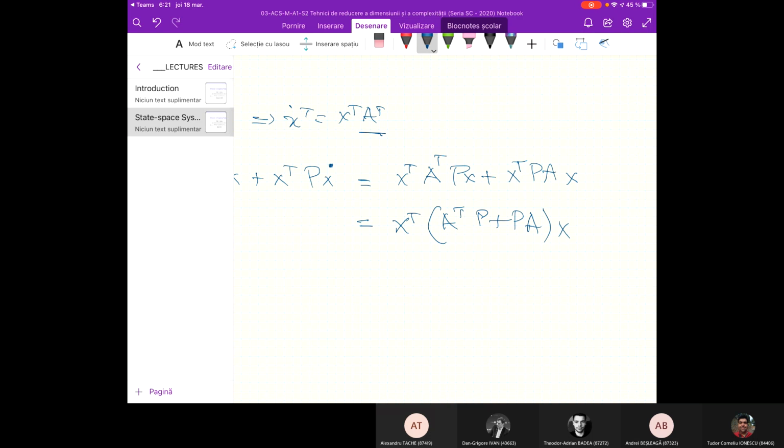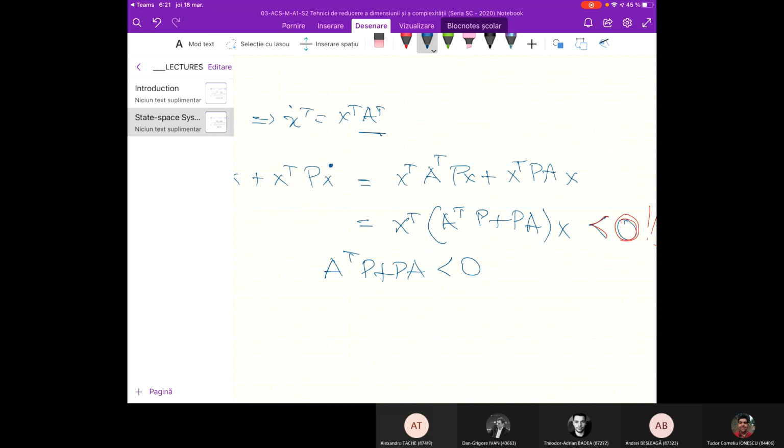Now, you want this to be negative definite, okay? This is what you want. This is your desire. So you need A transpose P plus PA to be a negative definite matrix. Agree? But this is difficult to assess.